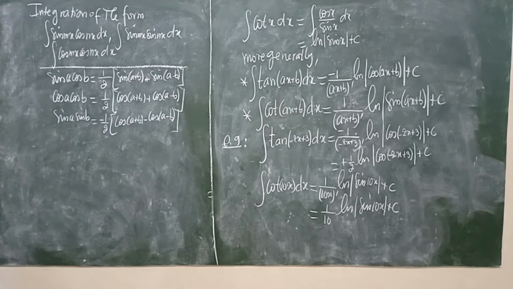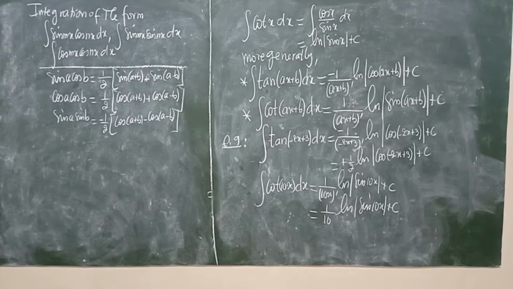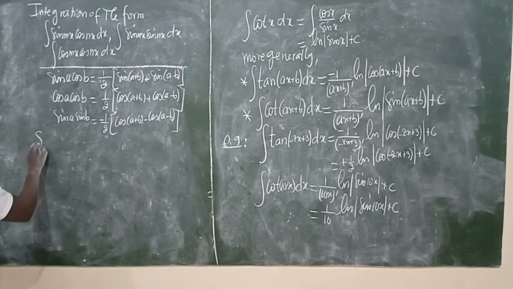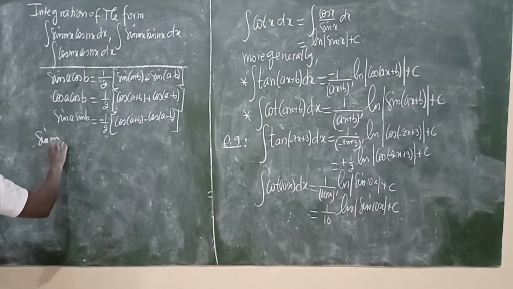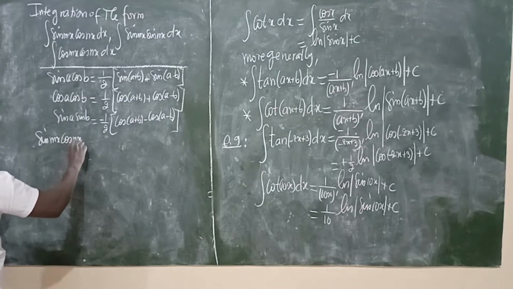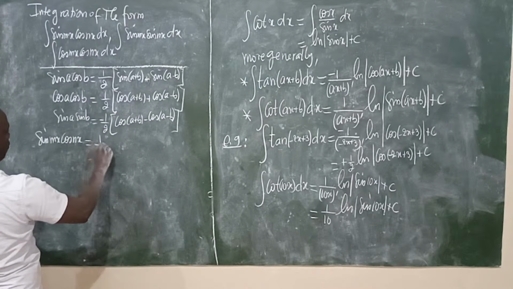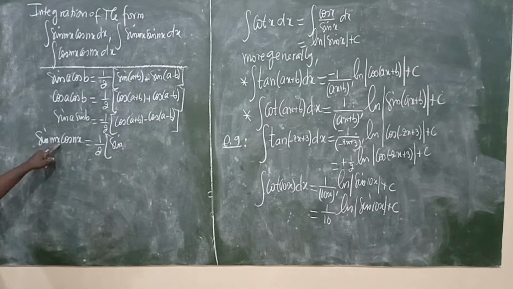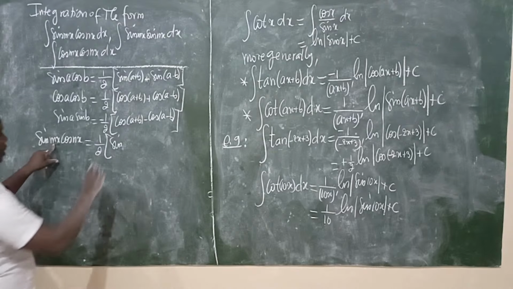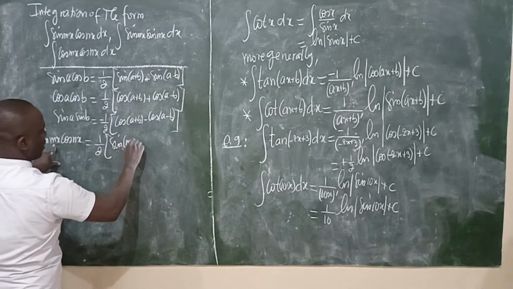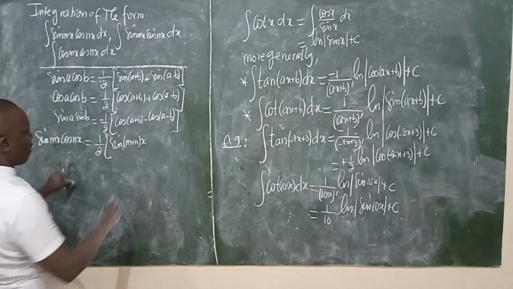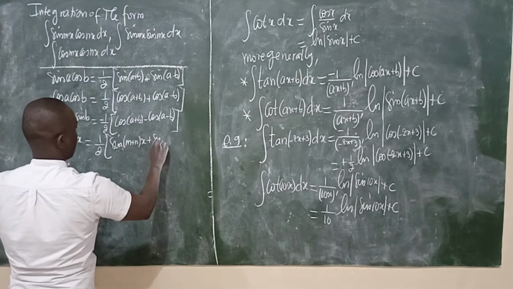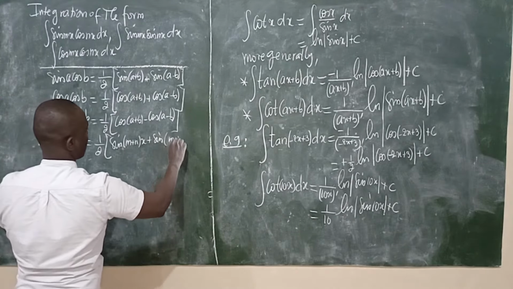Now, for sine mx cosine nx, this is a half of sine, where a is replaced by mx, so here is m plus n times x, plus sine of m minus n x.